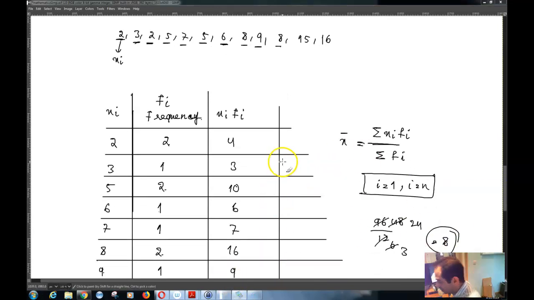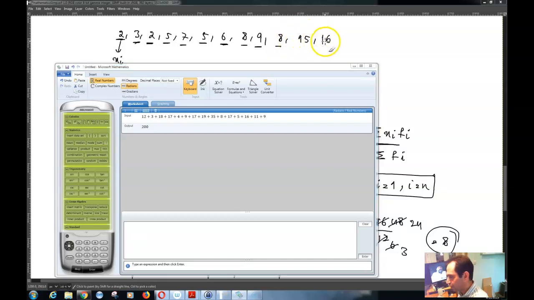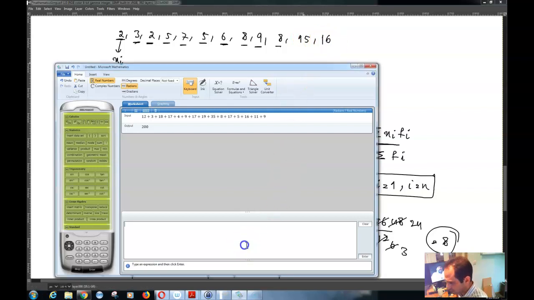If I were to calculate this directly, I would write this as 2 plus 3 is equal to 5, 5 plus 2 is equal to 7, 12, 19, 19 plus 5 is equal to 24, 30, 38, 47, 47 plus 8 is equal to 55, 65, 70, 80, 86, I suppose.